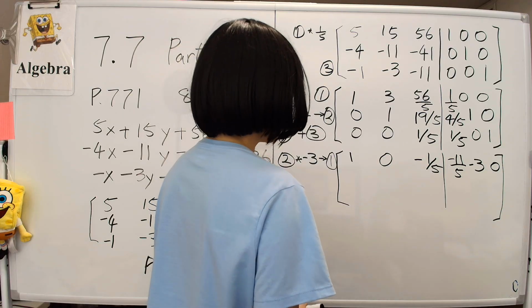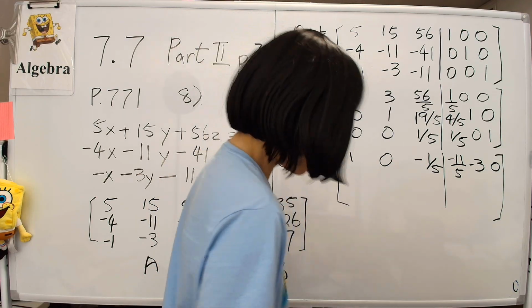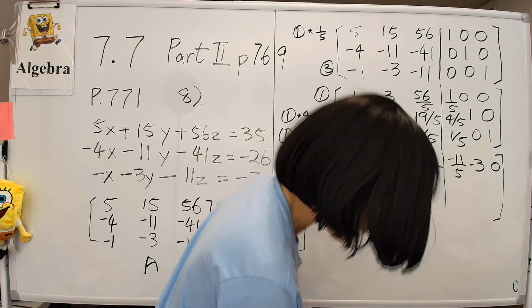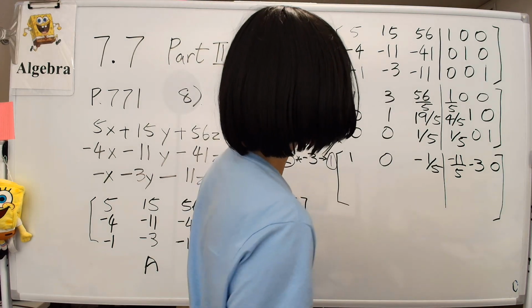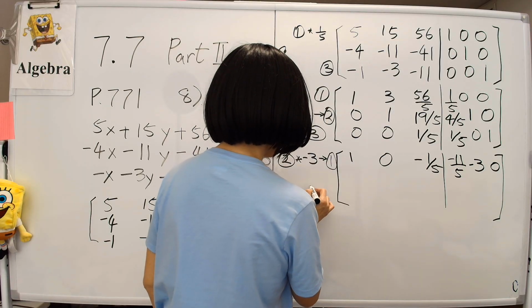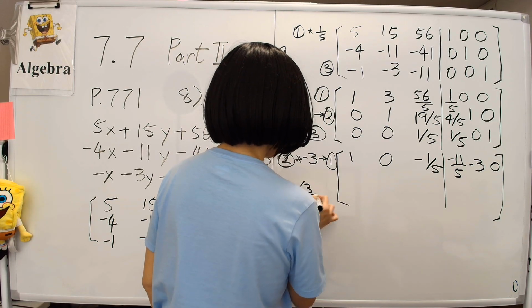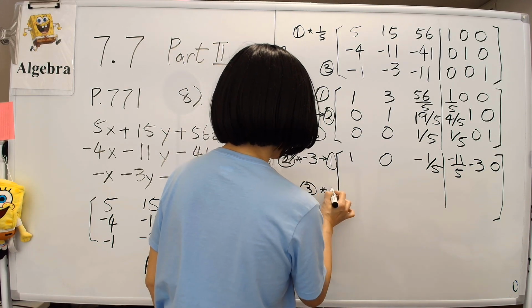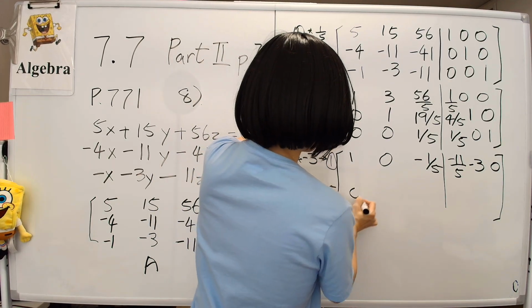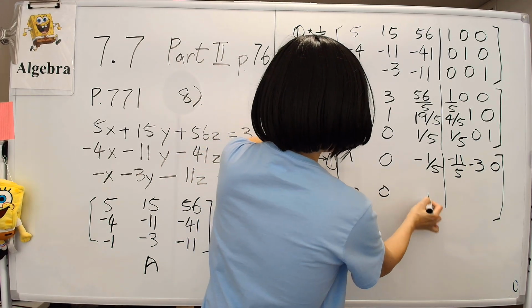So what are we doing again? We need to multiply row 3 by 5, right? All right, so let's do that. All we're doing is multiplying row 3 by 5. We'll keep it where it is. Row 3 times 5. So this thing times 5 will have 0, 0, and 1.